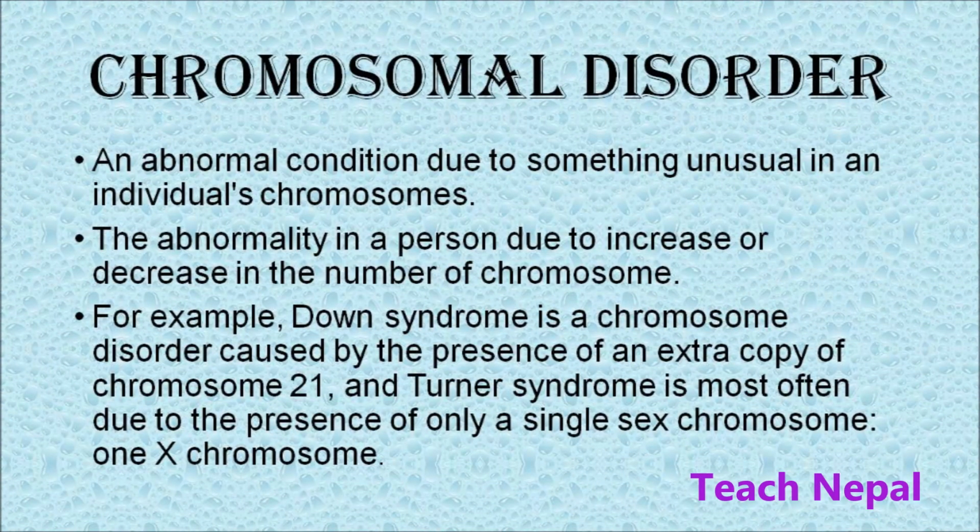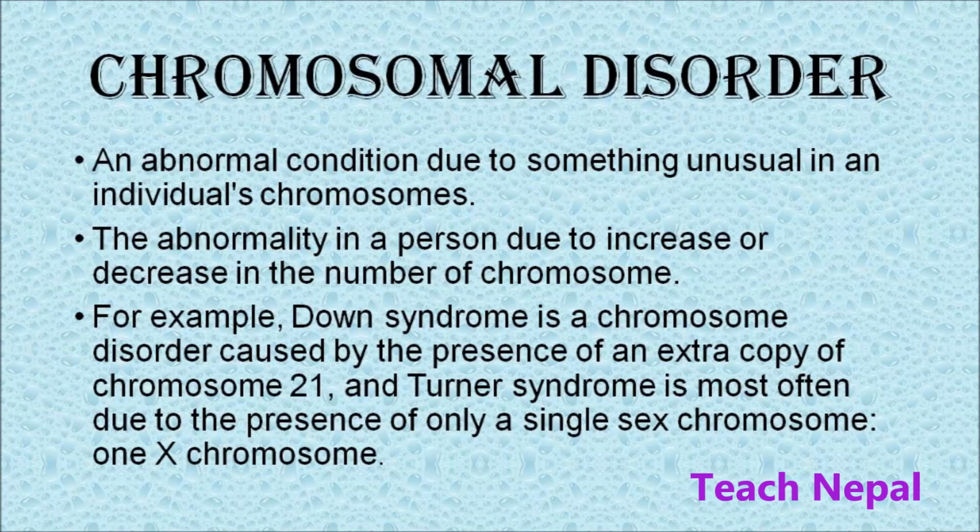Now the next part, chromosomal disorder. It is an abnormal condition due to something unusual in an individual's chromosomes. That means if the regular pattern of chromosomes is not intact in a body, and some changes occur in the regular pattern, then it is known as a chromosomal disorder.